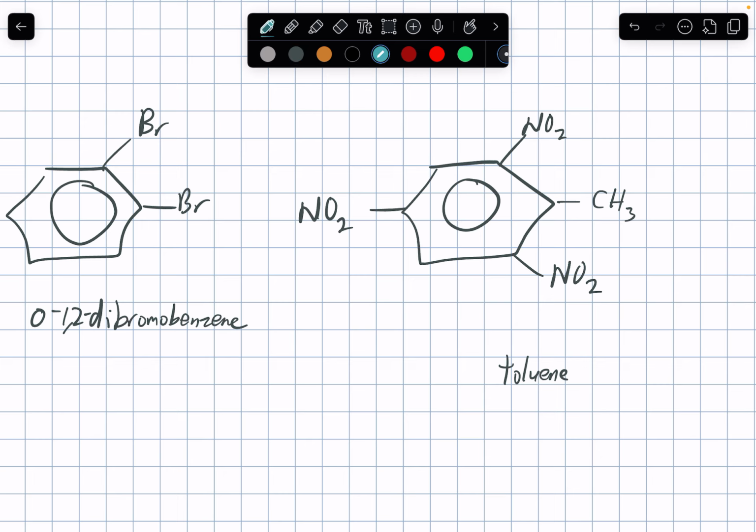Let's number first. Since we are gonna call this toluene, we start numbering from the substituent that is together with the benzene. Whether here or here doesn't really matter.